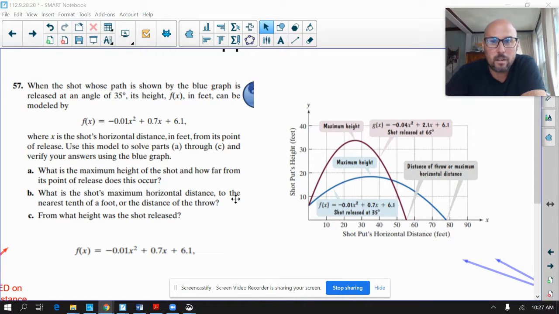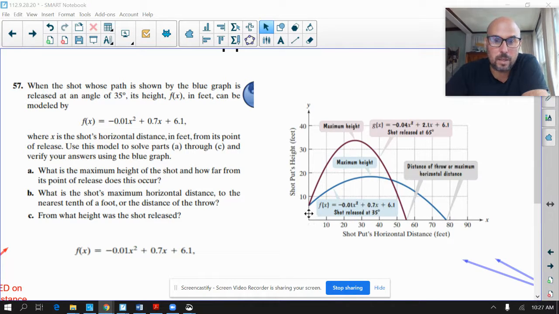Our first example here talks about a shot put thrower throwing at an angle of 35 degrees. Luckily, we don't have to come up with the function. We just have to analyze it. The function is this. F of x is, of course, the y value, and x is the independent variable. The independent variable x is not time, but it is the horizontal distance from the athlete.